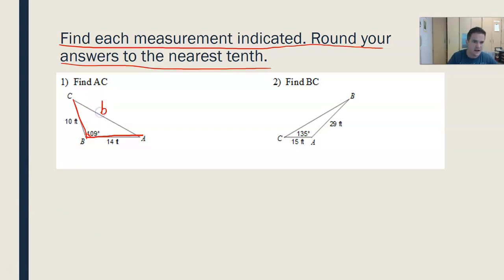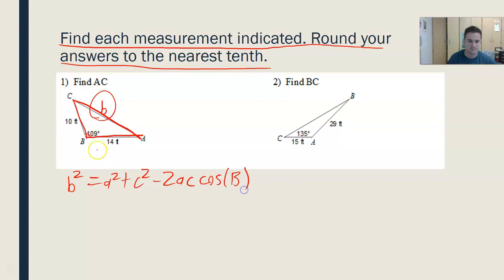So I want to find this side over here. Side length AC is, if I'm using my little letters, side B. So I'm going to go to my law of cosines formulas. When I'm trying to solve for a side, I have B squared equals A squared plus C squared minus 2AC times the cosine of B, the cosine of this opposite angle.